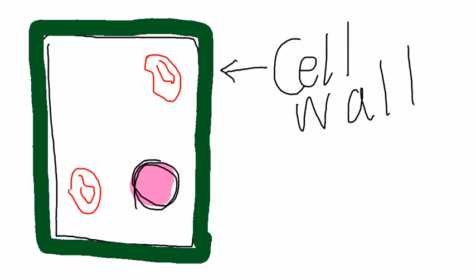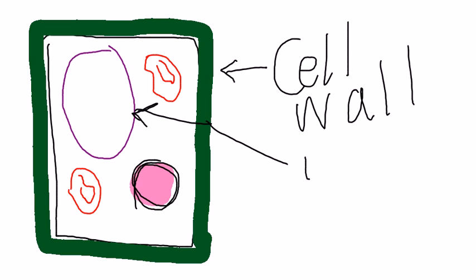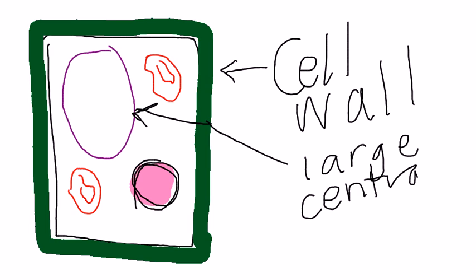In addition to having a cell wall, which provides support, you also have something that we call a large central vacuole. And I will write that in. A lot of my students have been saying large center vacuole, but it's a large central vacuole. And that large central vacuole is just a place where water is stored.